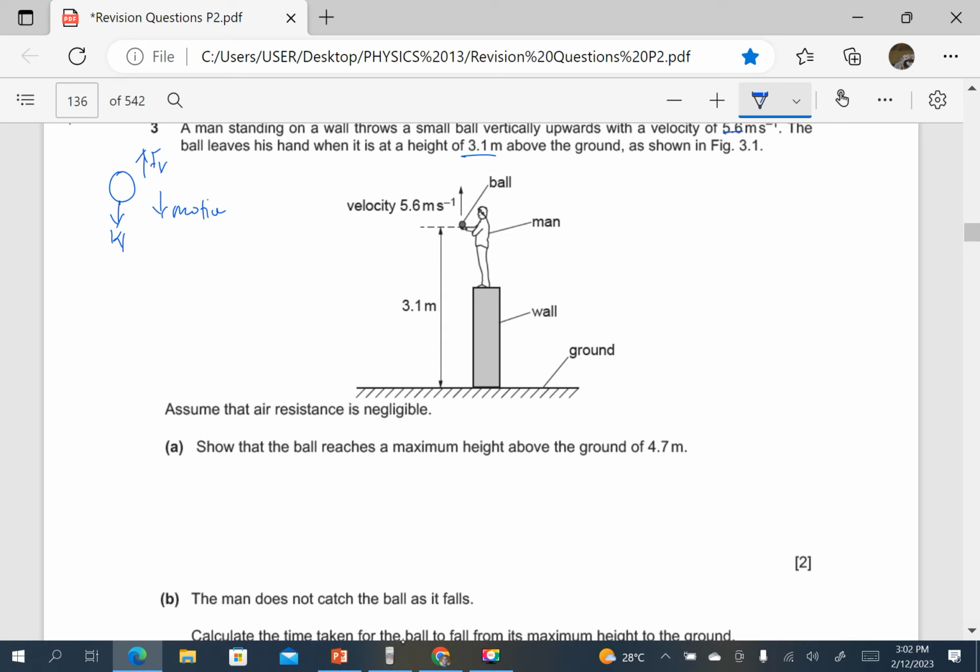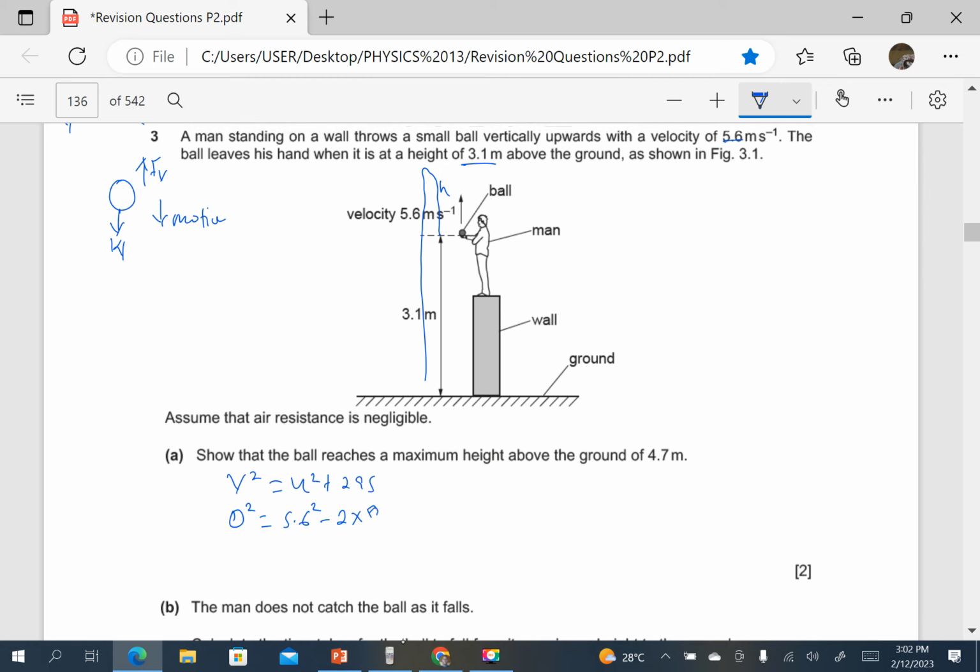So let's first of all find the height it goes from his hand, using v squared equals u squared plus 2as. We are finding the height it goes from his hand, that is the height h. At maximum height v is 0, so 0 squared is equal to the initial velocity, 5.6 squared, minus 2 times 9.81 times the height h.